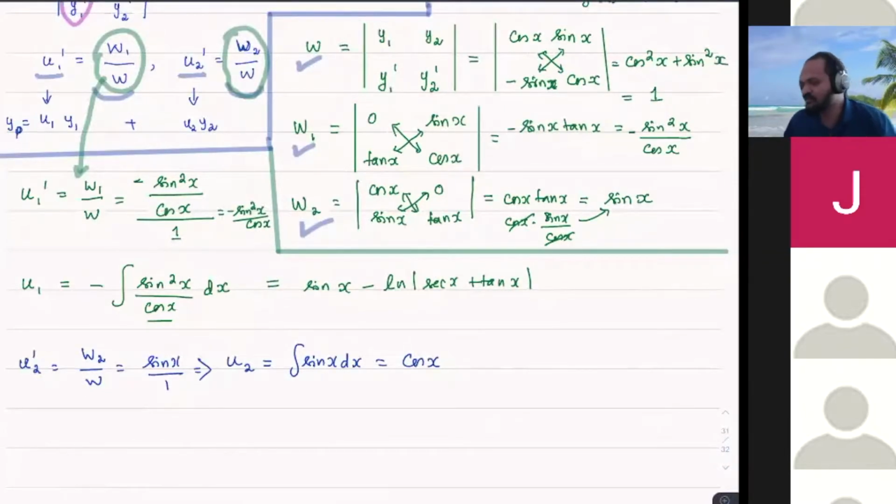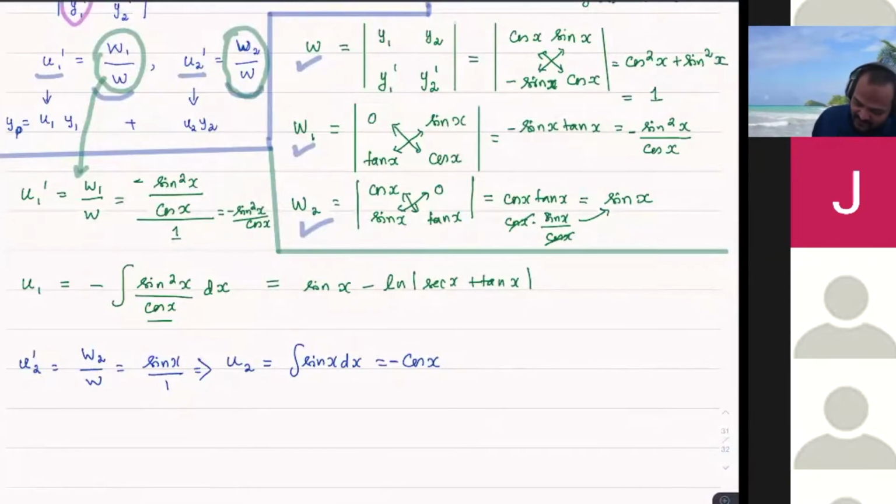Again, you don't have to worry about the plus c part in here. Am I doing okay? Is everything right? Very good. Yes, it should not be positive cosine. It should be a negative cosine. Very good.